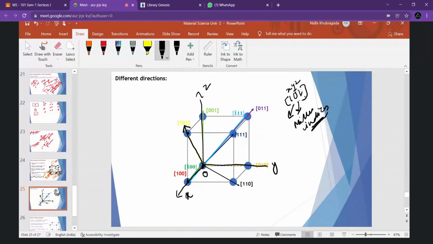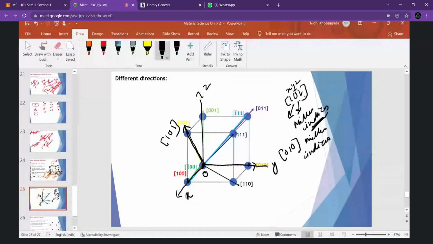For this direction the Miller indices is 101. Similarly, if you want to mark 010, 0 from this to this and again 0, so it will remain here only. So this is the basic direction for 010 Miller indices.